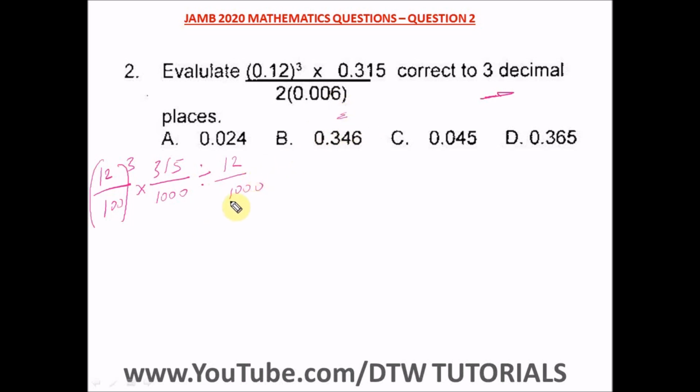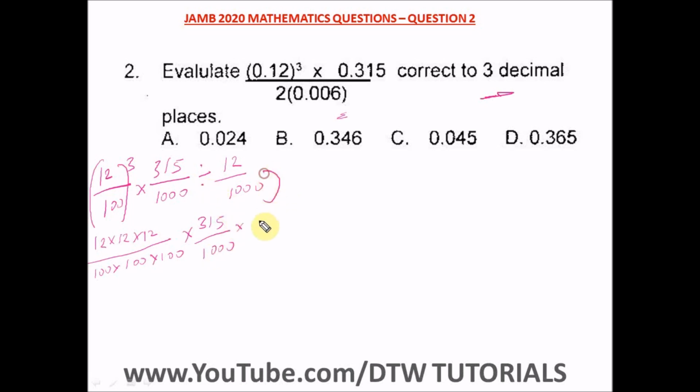So we then solve for this, because remember, you may be asked not to use your calculator. So we have these as 12 times 12 times 12 all over 100 times 100 times 100 times 315 over 1000. So we have to turn this to multiplication.